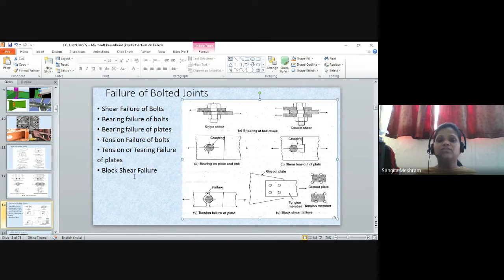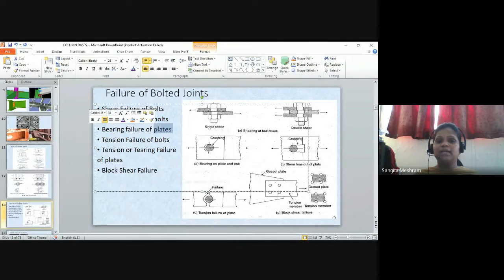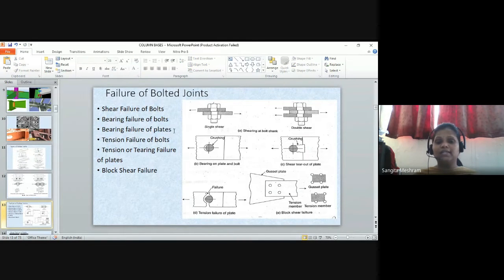So these are the failures which occur in case of bolted joints. It may be related with the plate or it may be related with the bolt. Okay. If we are providing the material, ठीक है, जो भी आप मटेरियल प्रोवाइड कर रहे हो for plates and bolts, so if plate material is higher than bolt, in that case the bearing failure will be for bolts. अगर plate material आप higher provide कर रहे हो, standard material with higher grade and other properties, so there will be the bearing failure which is related to the bolts. ठीक है. और plate का failure कब होगा?